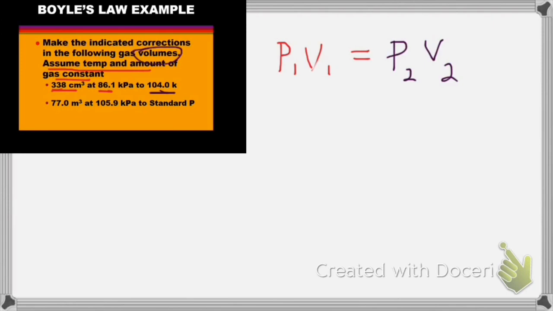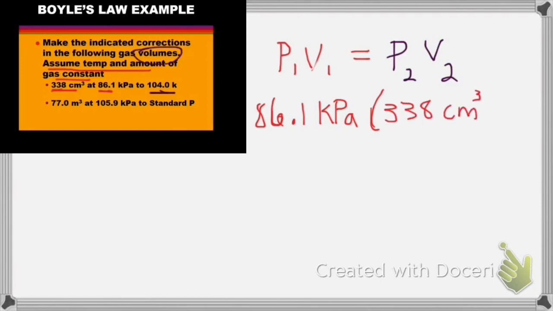Now we simply need to plug in our different variables with their units. So pressure 1 is 86.1 kPa, and volume 1 is 338 centimeters cubed.